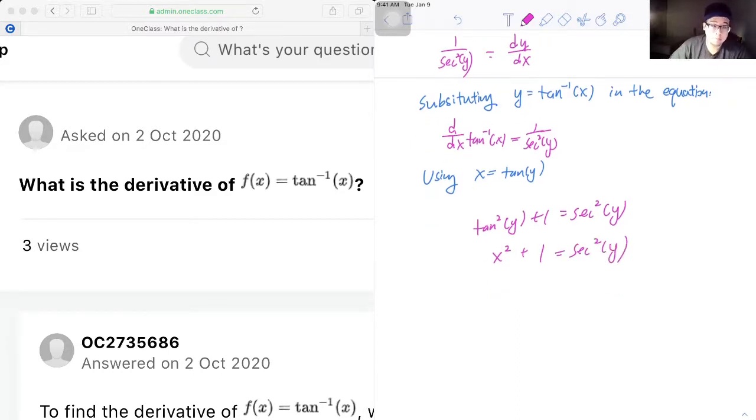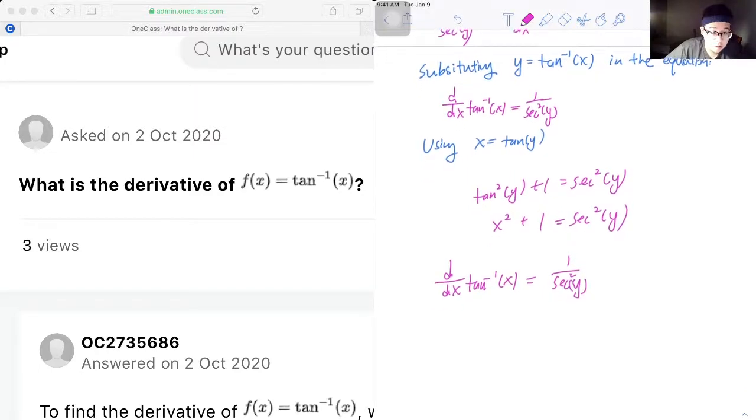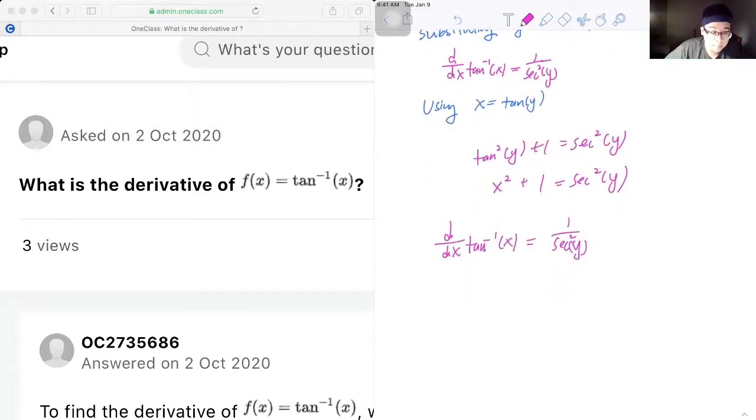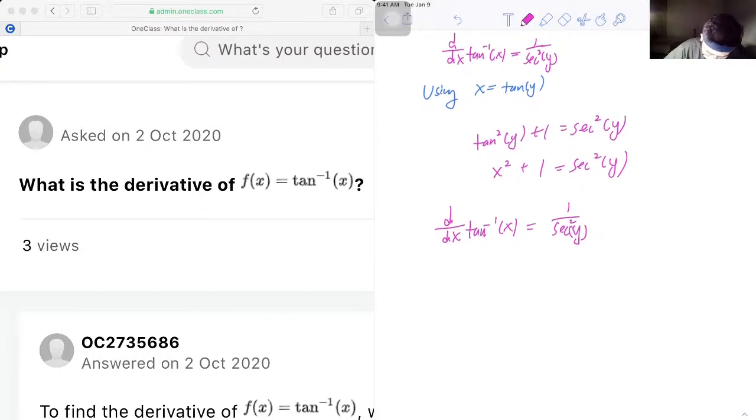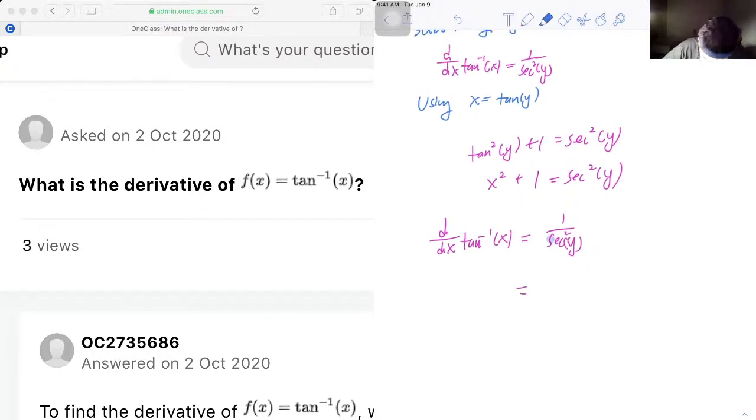And substituting the above expression in the equation, we will have the derivative of tangent x inverse is equal to 1 over secant y squared. Then we just need to substitute secant y squared with x squared plus 1. So that will give us x squared plus 1.